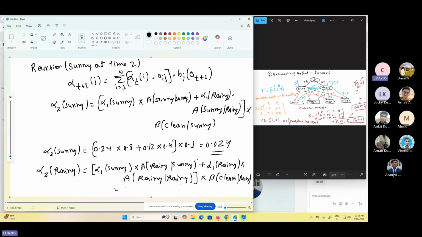So it will be 0.24 into 0.2 plus 0.12 into 0.6, into 0.45. It is equal to 0.054. Understood what we have done?